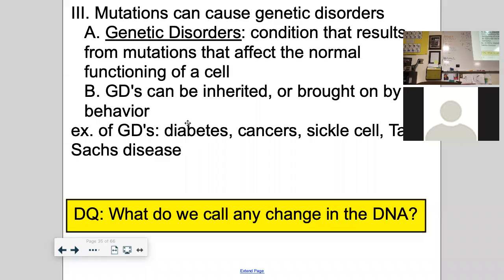Like, for example, diabetes. You can inherit that, but you can also bring that on yourself by your diet choices, I should say. Cancer is usually inherited, but again, you can expose yourself to chemicals that can cause cancer, carcinogens, that we're going to talk about tomorrow.